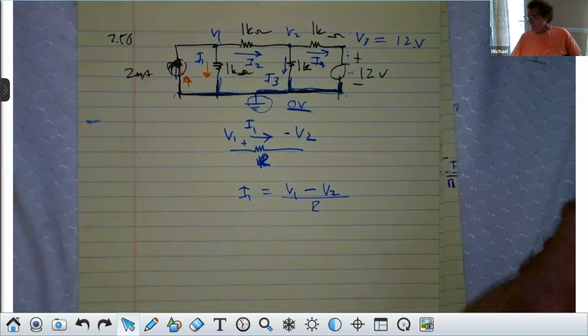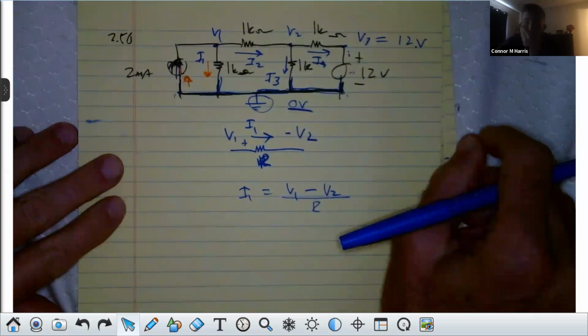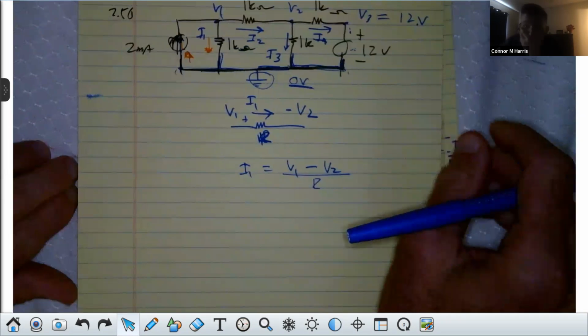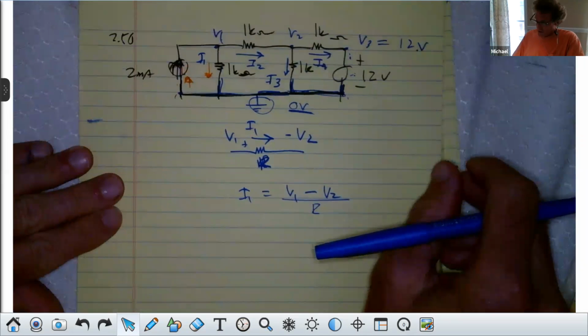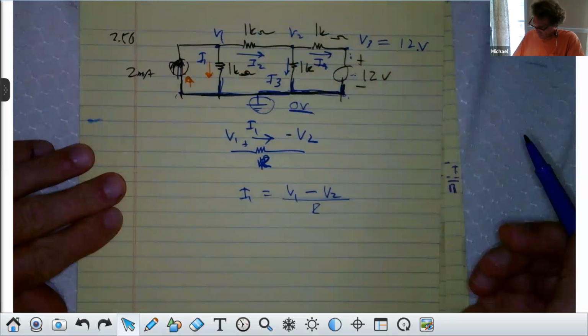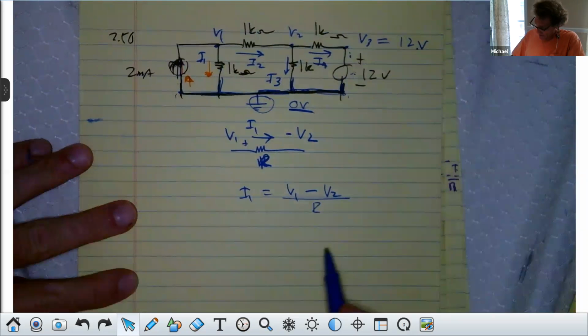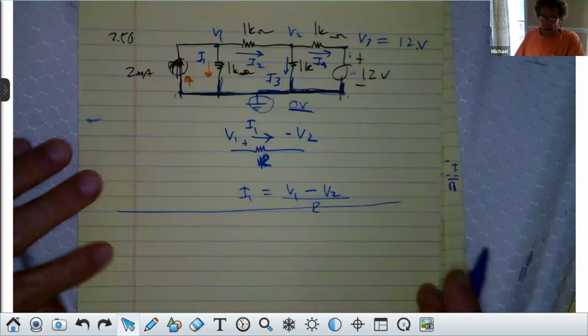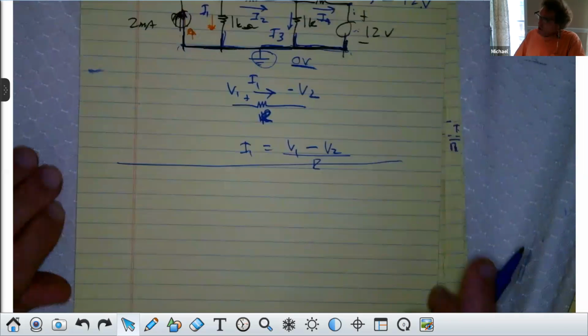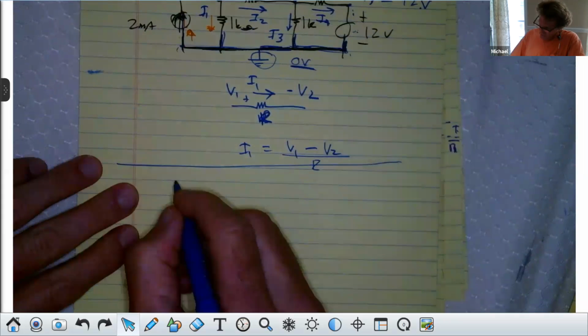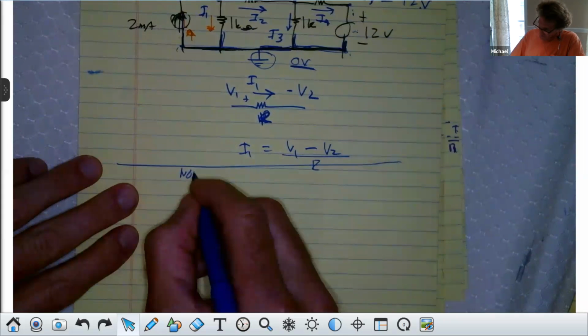Everybody with me? Yes. Take a good look. Make sure you understand what I've done, arbitrarily assigning these currents. And now down here, what I'm going to do is write Kirchhoff's current law. It's really called nodal analysis.